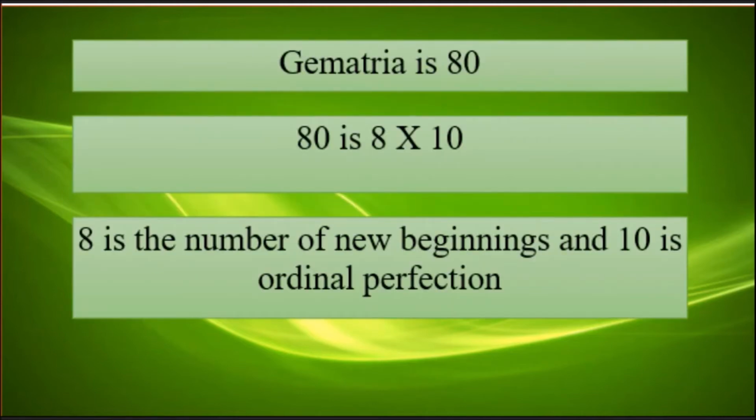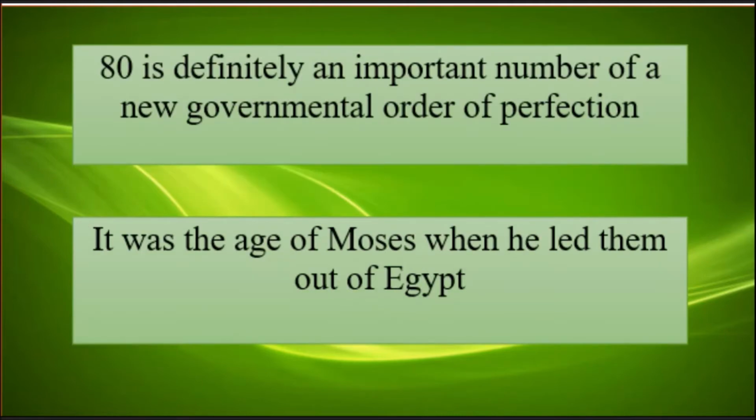The gematria is 80, and 80 is 8 times 10. 8 is the number of new beginnings, and 10 is ordinal perfection. So we see new beginnings and ordinal perfection in this letter. 80 is definitely an important number of a new governmental order of perfection.